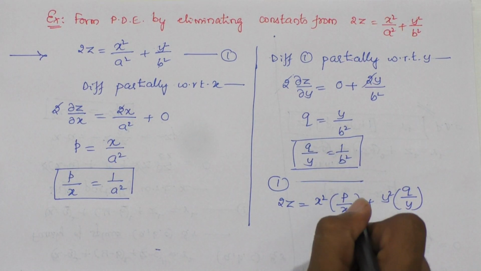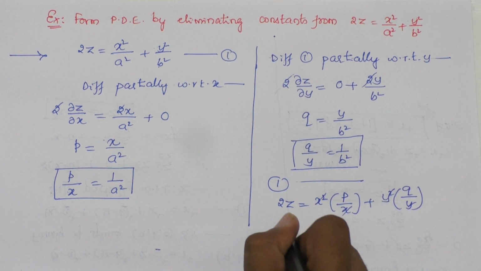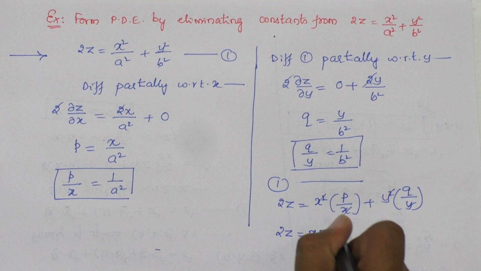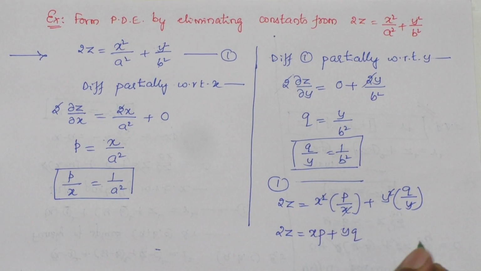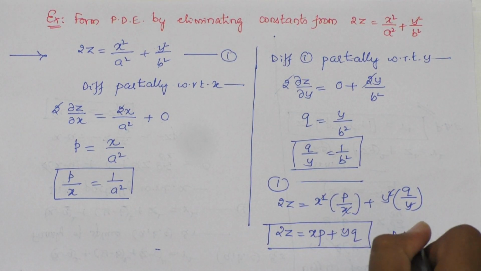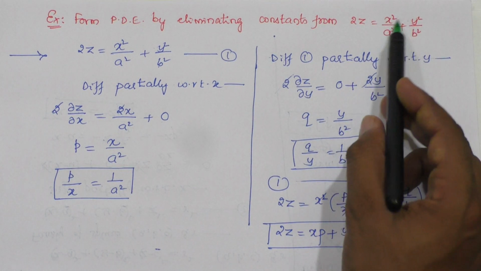Here the x cancels, and here the y cancels. So 2z equal to x into p plus y into q. This is the required PDE which we got after eliminating the arbitrary constants a and b from this equation.